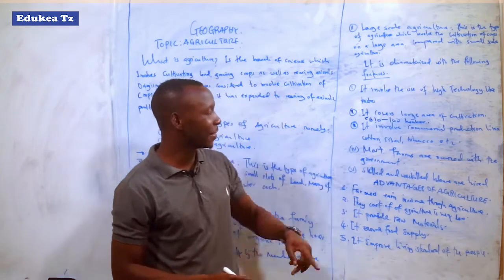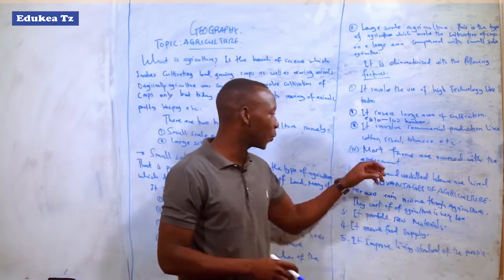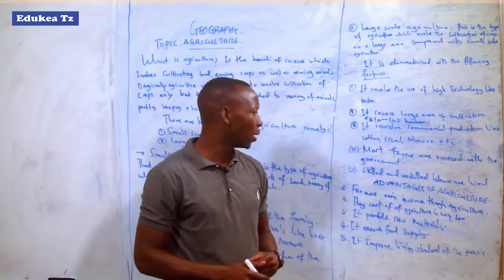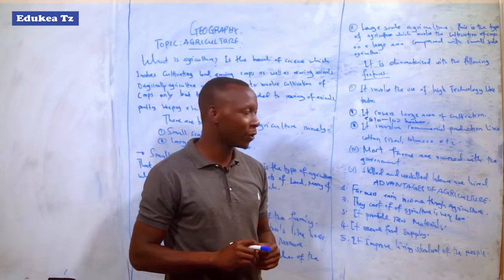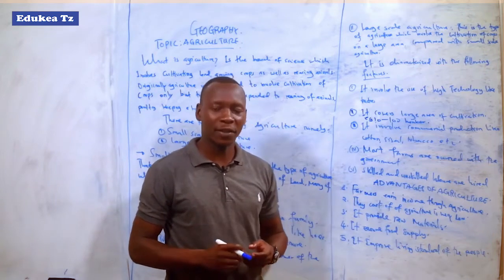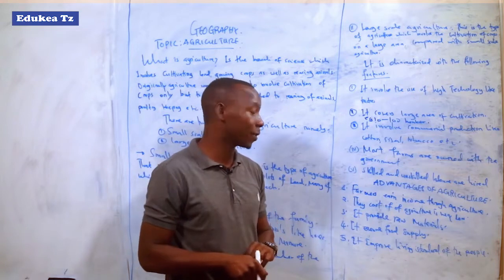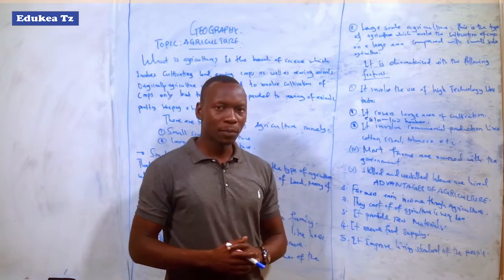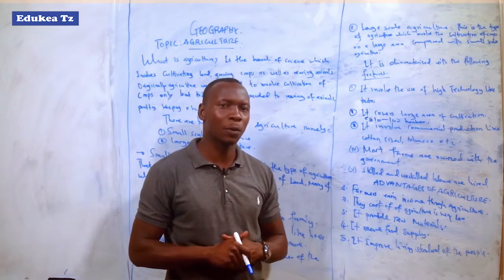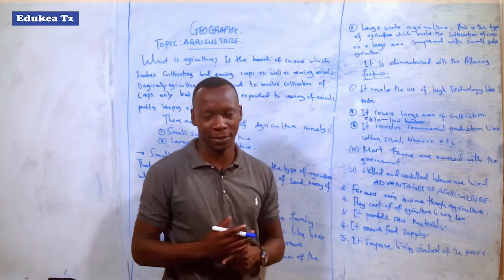Because it covers a larger area, it should be commercial, so that the product can be used in industry, where different goods like clothes, tea, and other products are manufactured.